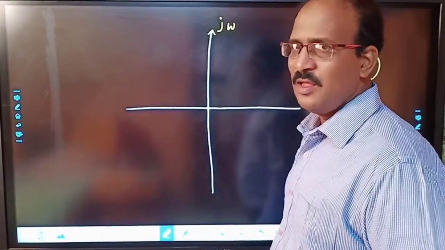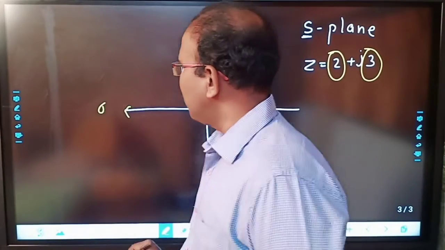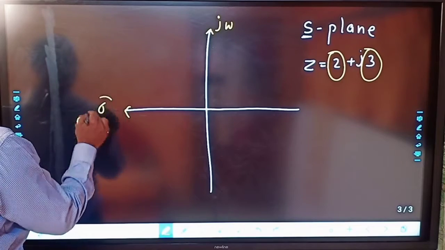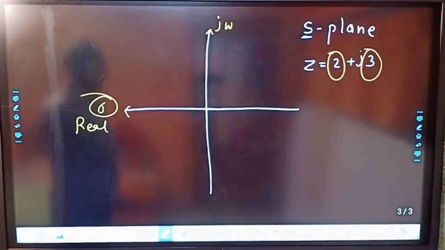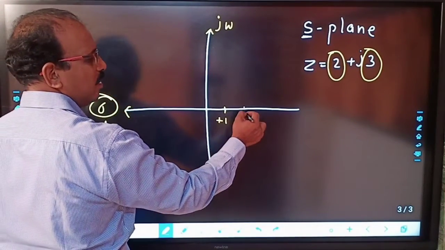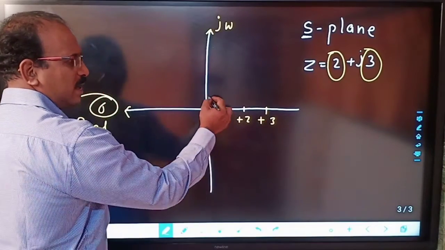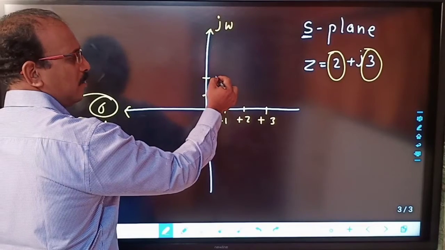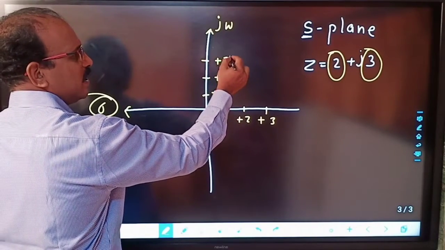Here this is called the real axis, the real part. This particular plane is called the S plane. This side is always the positive side, plus 1, plus 2, plus 3. This side is also positive, plus j, plus 2j, plus 3j.